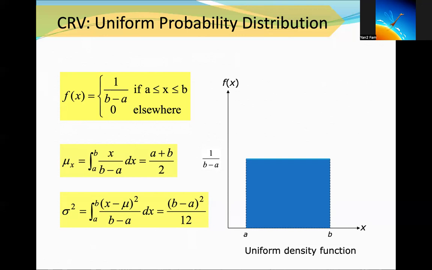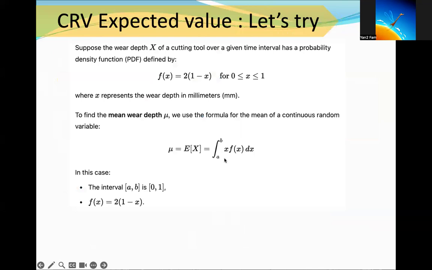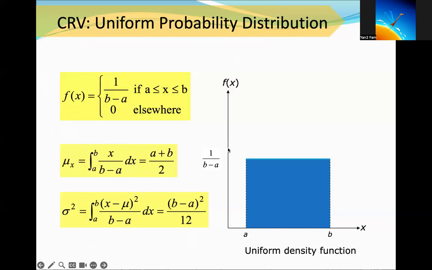No matter what day, the bell rings at the same time, right? So f(x) equals 1 over b minus a. And how to get the mean is simple: you just add the x here, like the formula that we learned just now to get the mean.